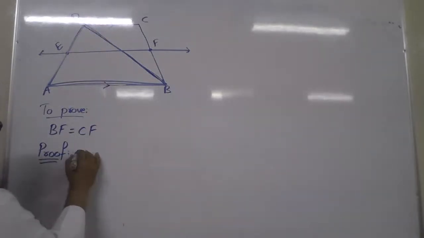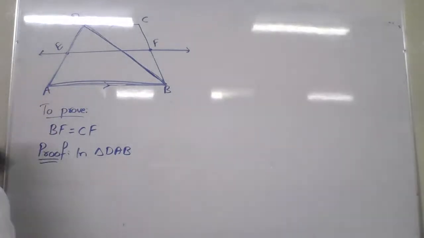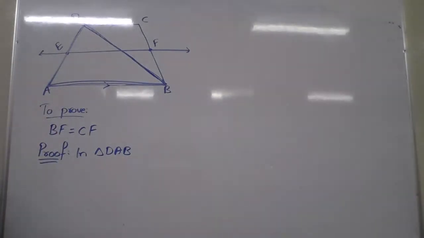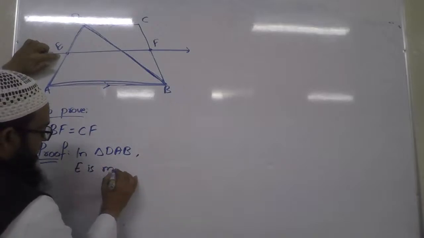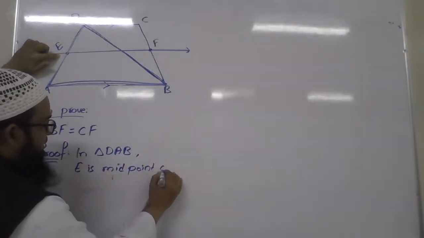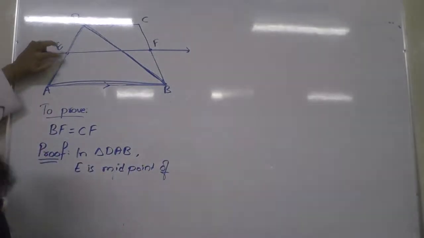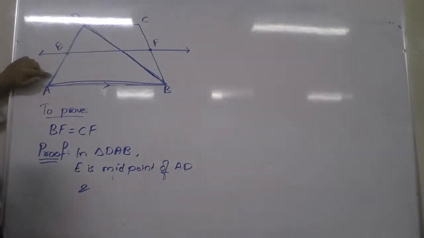In triangle DAB, E is the midpoint of AD, and EF is parallel to AB, right?